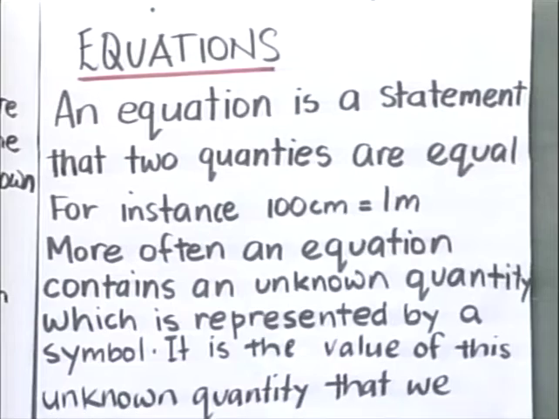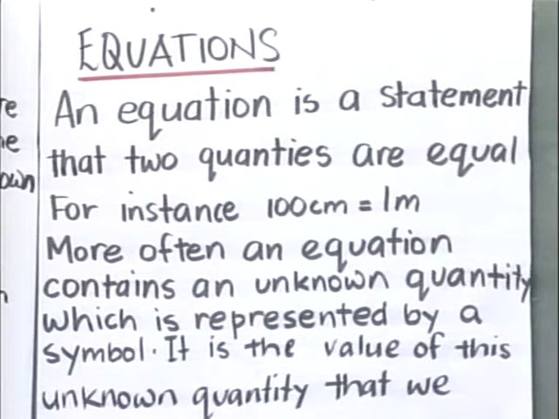An equation is a statement that two quantities are equal. I'd like you to note the difference between an equation and an expression. An expression does not have the equal sign, and an equation must always have an equal sign. If it doesn't, that means it is not an equation.